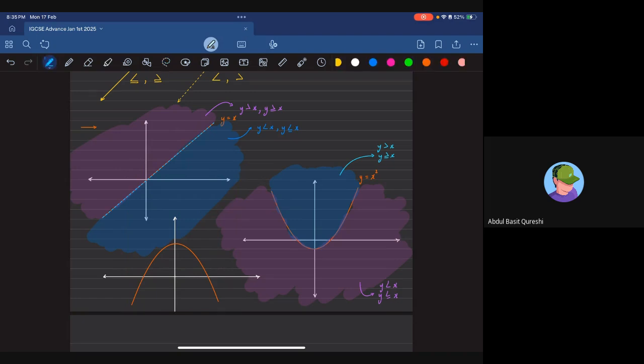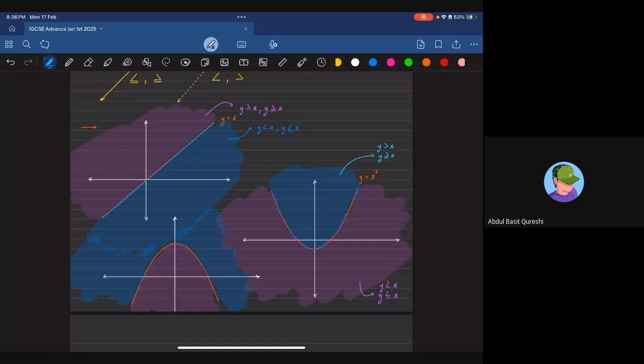If it's above like this, kindly ignore my drawing skills. If it's above like this, and if it's below the graph, it does not matter.